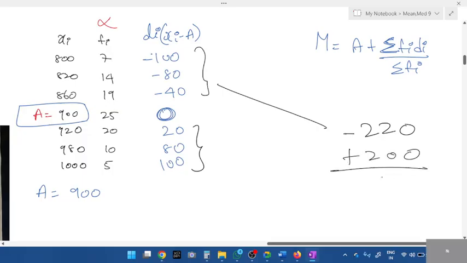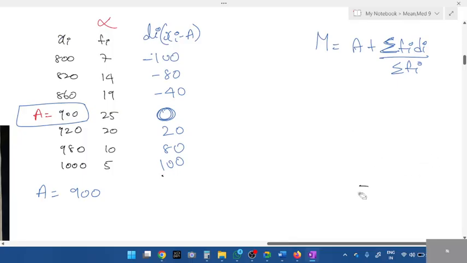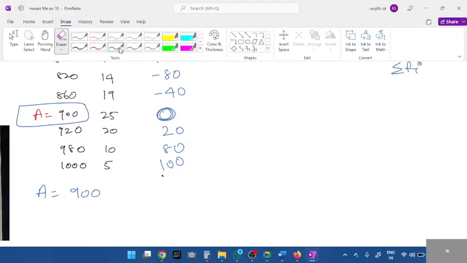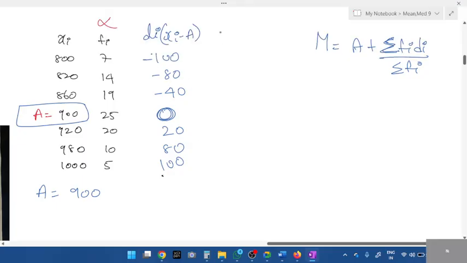What is minus 220 plus 200? Minus 20. So DI, actually wrong. That is not required, students. Do we need summation of DI or FIDI? FIDI. That was a mistake. You shouldn't have done like that. FIDI.